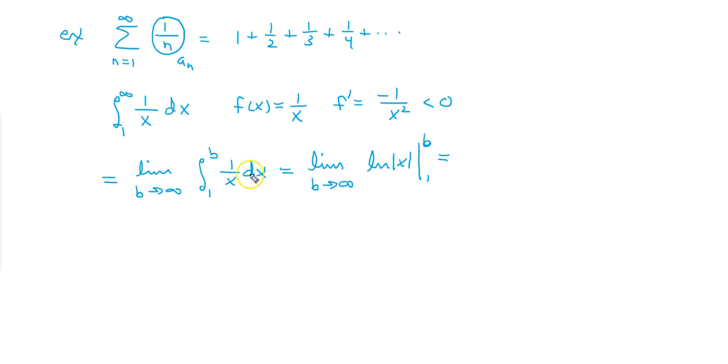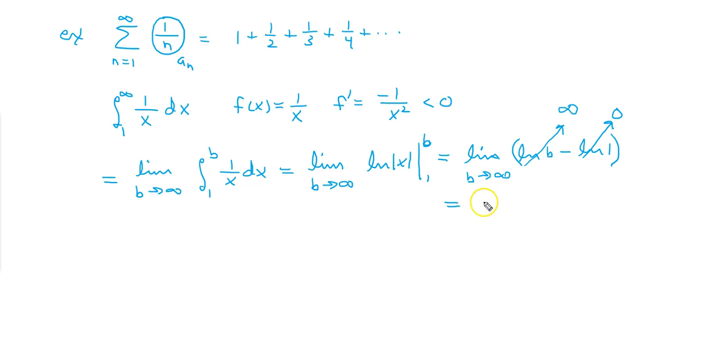of course it's just the natural logarithm of the absolute value of x, and we get the limit as b goes to infinity. The natural logarithm of b also goes to infinity, right? This is going to infinity, and this quantity right here is just 0.